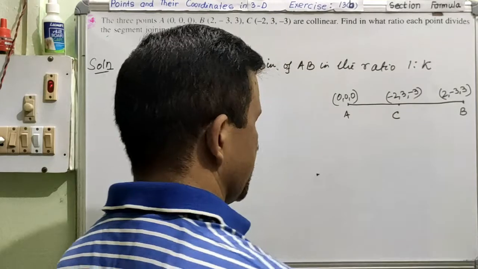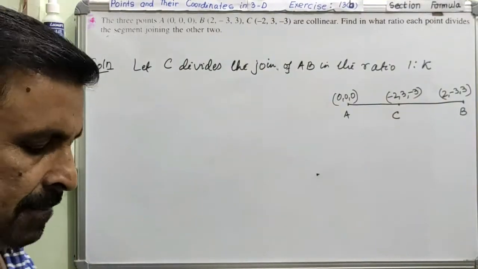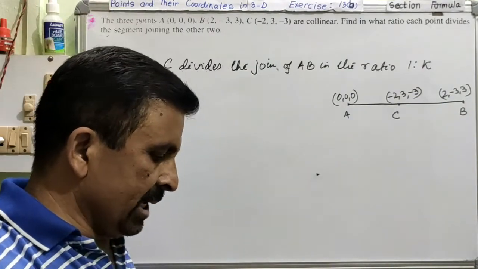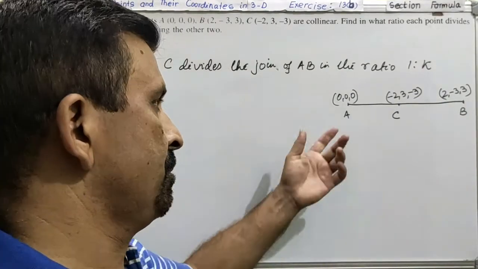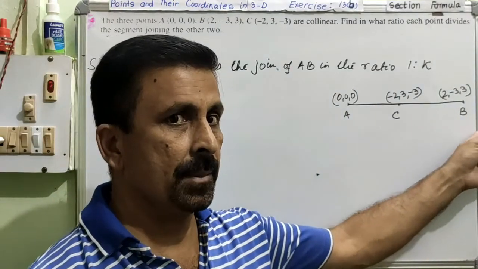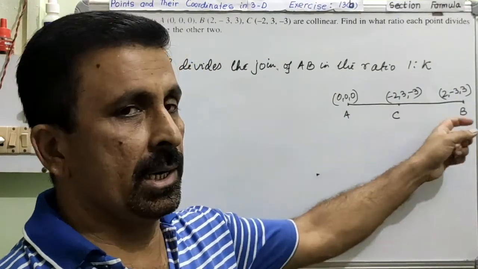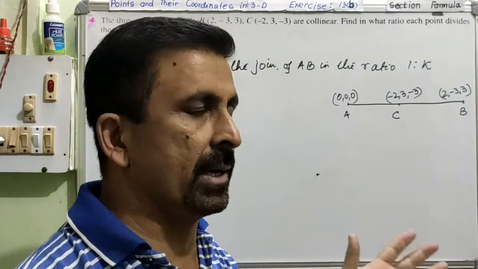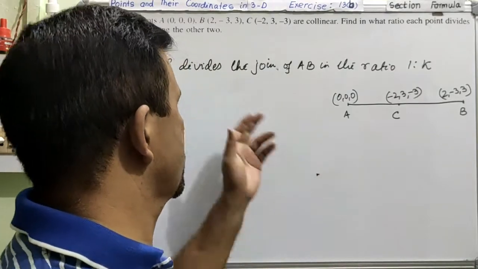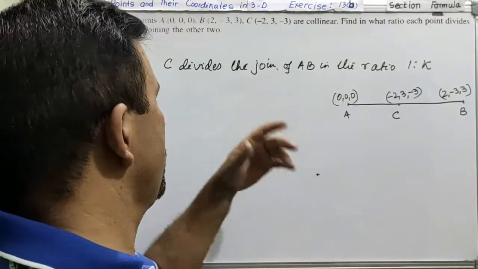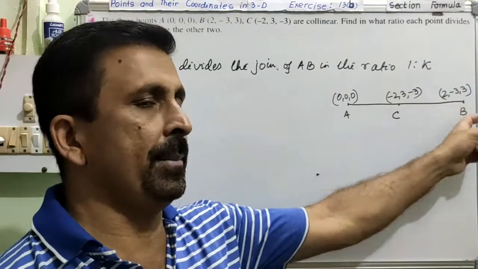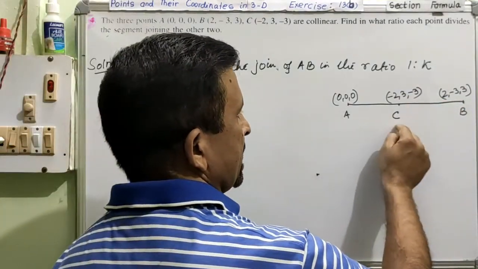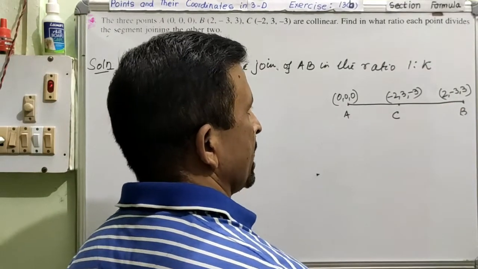This is point C. Is this very clear? So the situation is that the 3 points are collinear, and one of the points is dividing the join of the other 2 points in some ratio. So find the ratio.